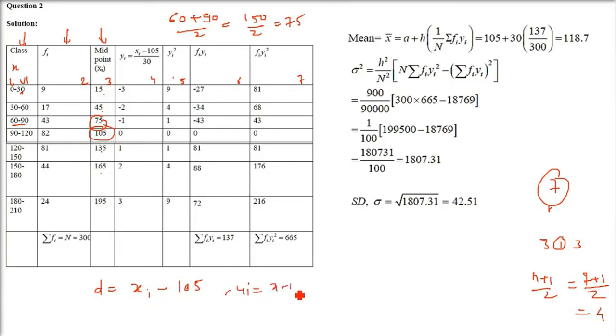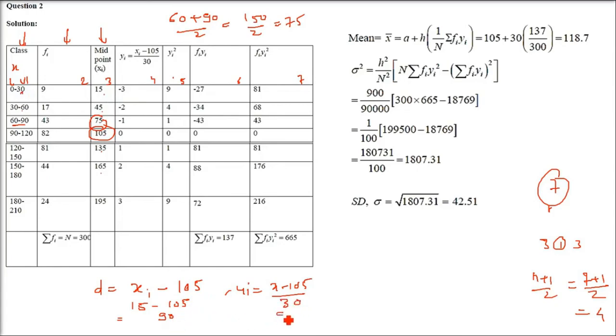Now you have to find out ui also, which is nothing but again simplifying this column. See, if the number is still not very low, then what are you going to do? So xi minus 105, if I subtract 105 from 15, so 15 minus 105 is minus 90, and still 90 is a big number because we have not simplified it.